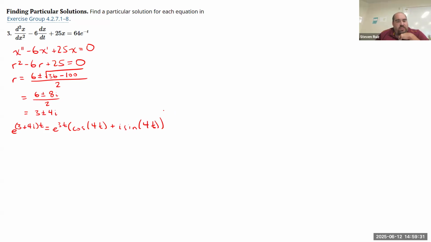Okay, so my general solution, or my complementary solution, looks like this: C1 e to the 3t cosine 4t plus C2 e to the 3t sine 4t.